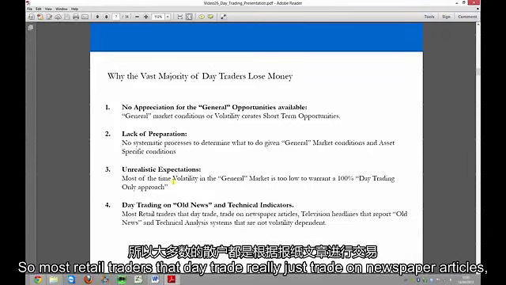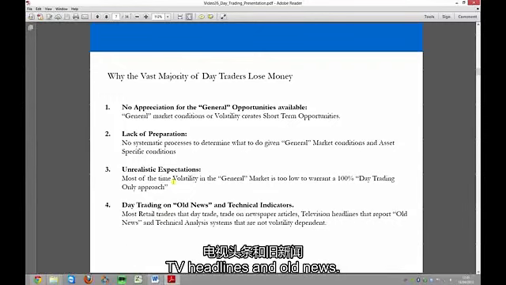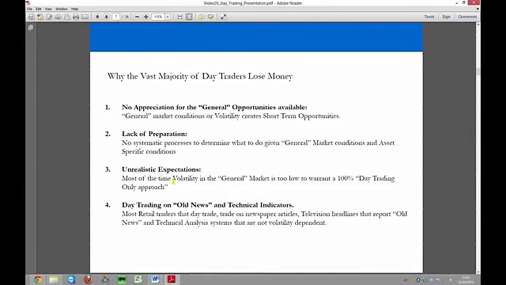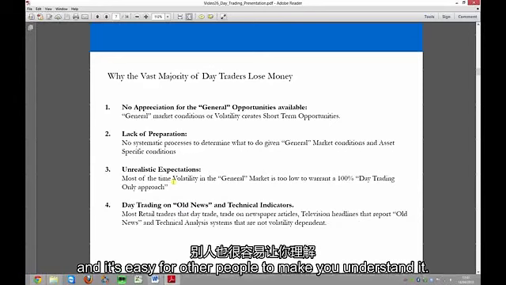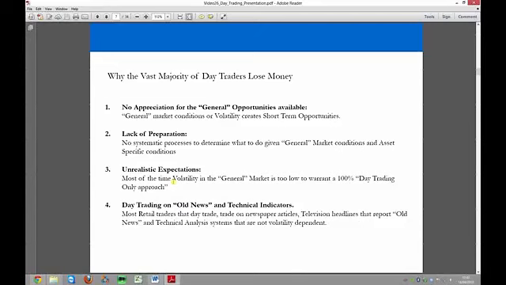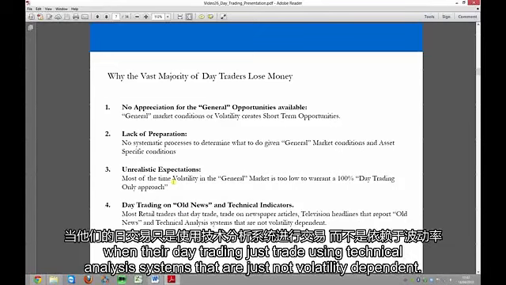So most retail traders that day trade really just trade on newspaper articles, TV headlines, and old news, however it's delivered to them, because it's easy to understand and it's easy for other people to make you understand it. Most retail traders, when they're day trading, just trade using technical analysis systems that are just not volatility dependent.